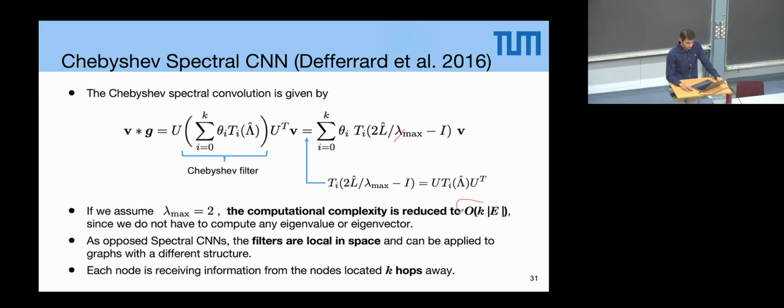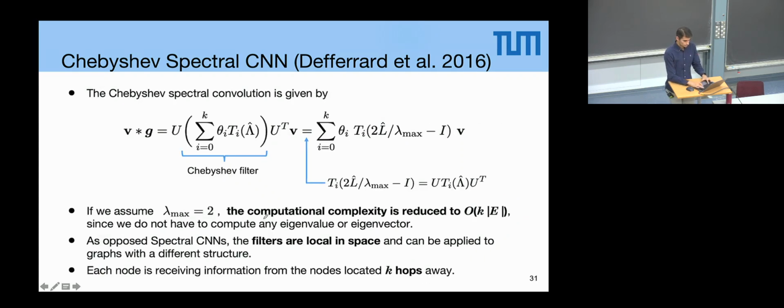Instead, the time complexity scales linearly with the number of edges, because the only thing that we have is multiplying this matrix with this vector, and that's sparse matrix multiplication. And here we are multiplying with k, but normally k is a small value, which is the number of elements in the expansion of our weight.